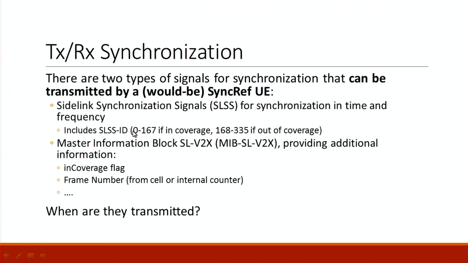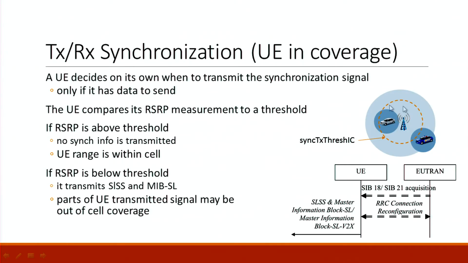This number here is used so that this car knows that it will need to always synchronize to whoever is broadcasting that number once it decides to get that as a syncref UE. Now, the point is, when will a car want to become a syncref UE?